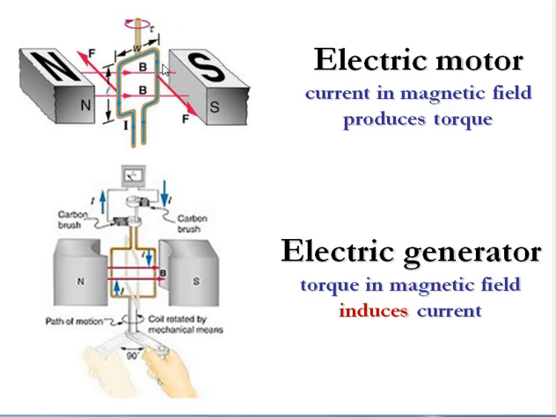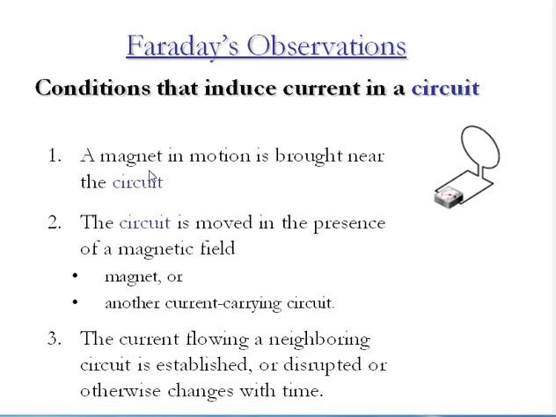In this question, we're saying if we have a magnetic field and a loop with no current in it, and we try to move it, we're showing rotation with our hands or some other means, we rotate that loop, a current will then be induced, and we'll be able to measure that current on a little device up here that's called a galvanometer. That's our electric generator.